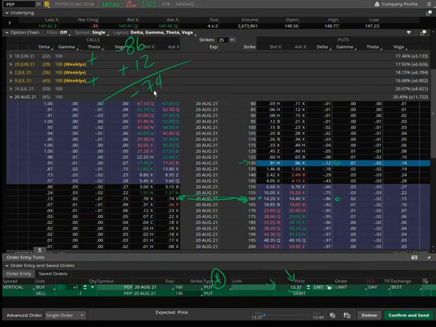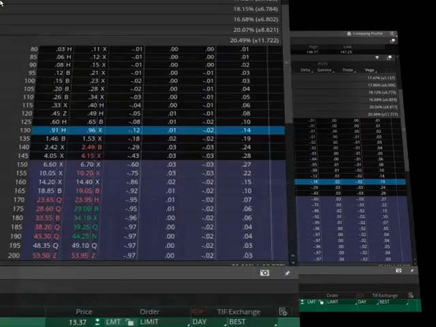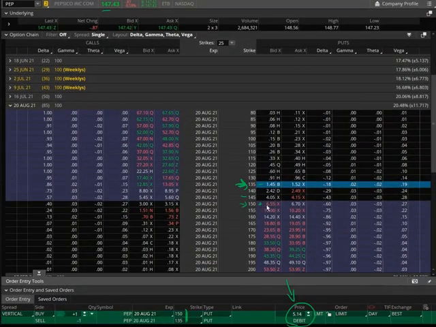Means I make 74 cents for every dollar moved down. Well, if I'm looking at the pricing being right around $13 here, that's 74 cents for every dollar move. Remember that one.